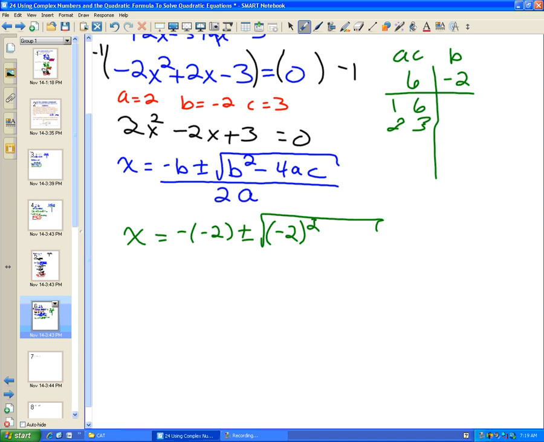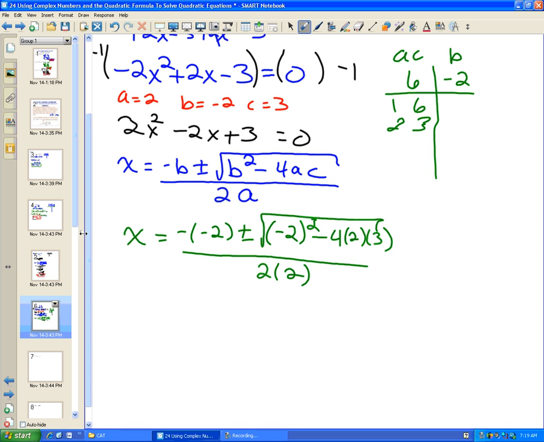Be careful of those parentheses. If I put it into my calculator without those parentheses, it's going to give me a negative 4 instead of a positive 4. B squared minus 4 times a, which is 2, times c, which is 3, all over 2 times a, which is 2 times 2.